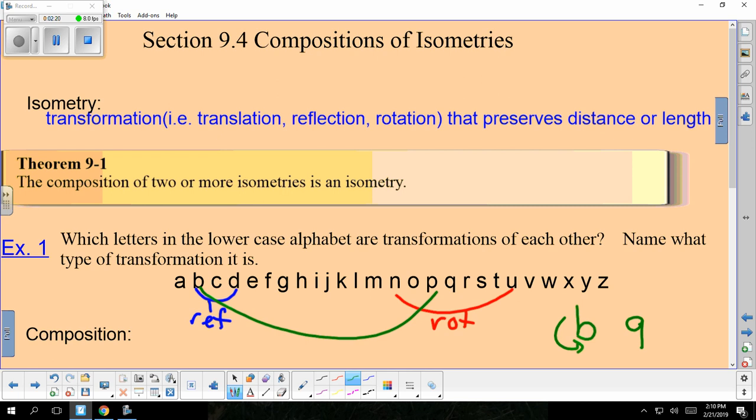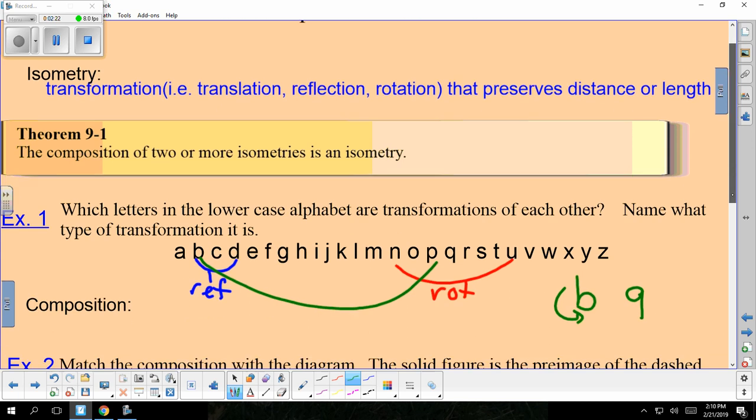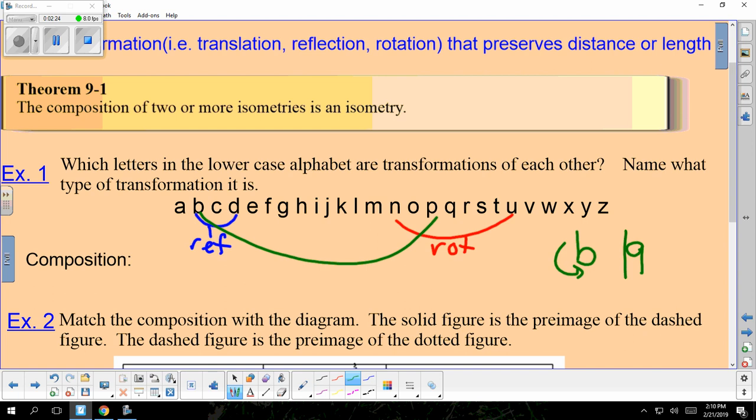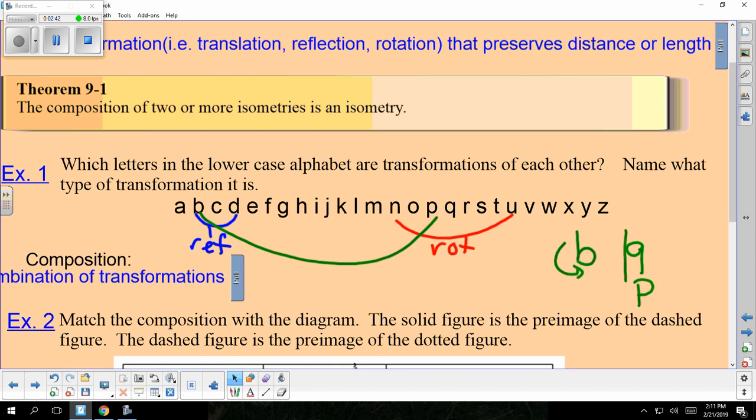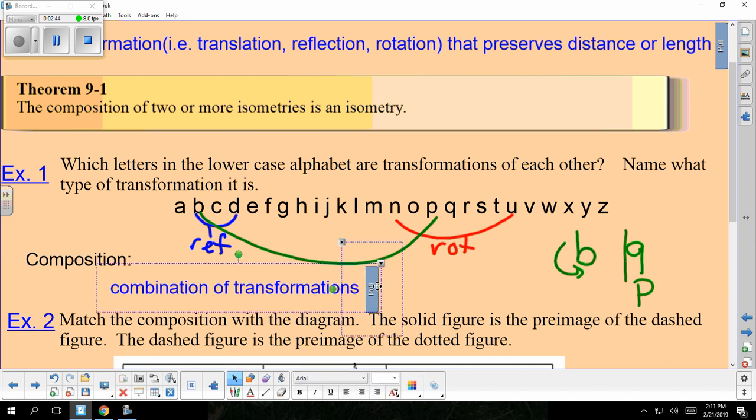And then I wasn't done there, and then I reflected it across that line, I end up with P. So to get from B to P, we'd have to do a composition of rigid motions. So a composition of a reflection and a rotation. So composition is a combination of transformations.